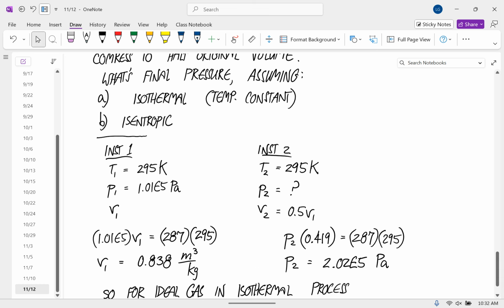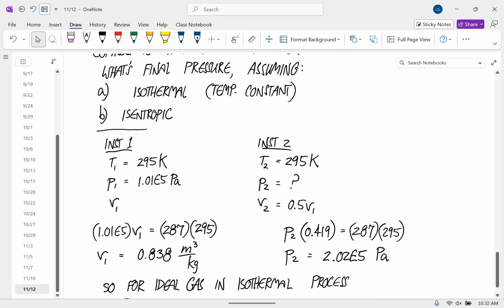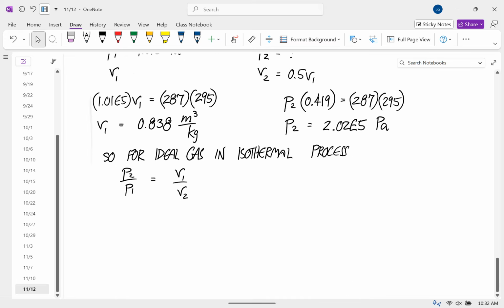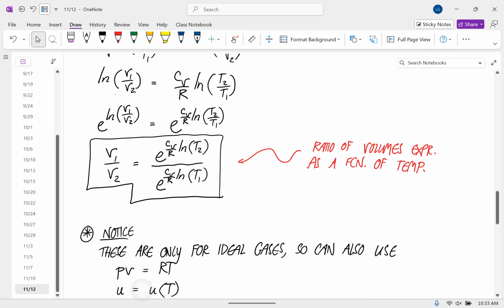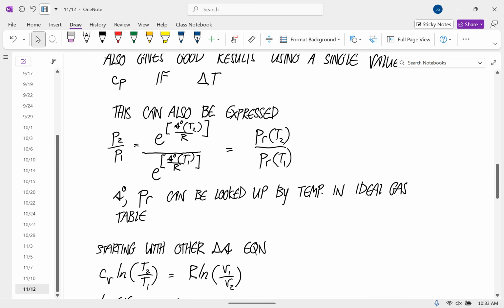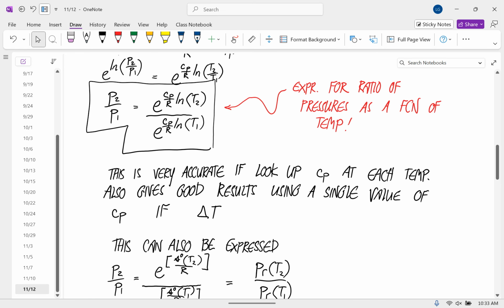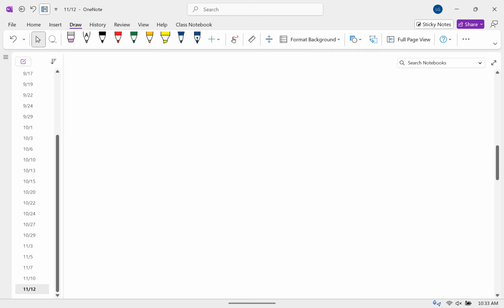Okay, so this was part A, now we're going to go to isentropic. And we have these two relationships. I'm going to use these two boxed relationships.